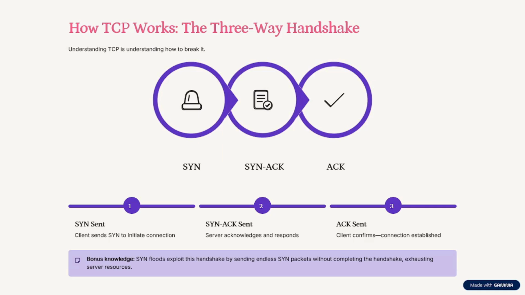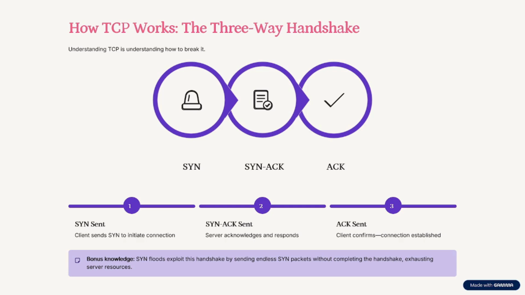Now let us understand how TCP works and how the three-way handshake works. The TCP handshake establishes reliable communication. Step one: the client sends a synchronization request, SYN, with an initial sequence number. Step two is SYN-ACK: the server acknowledges the client's sequence number and sends its own.